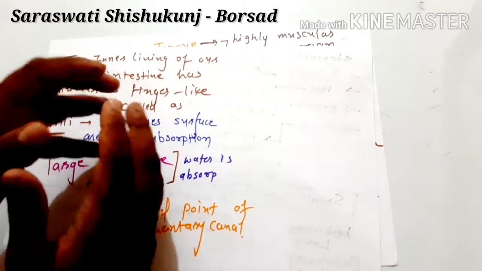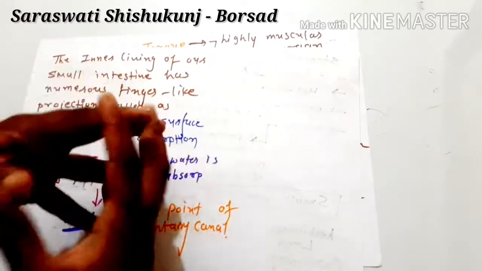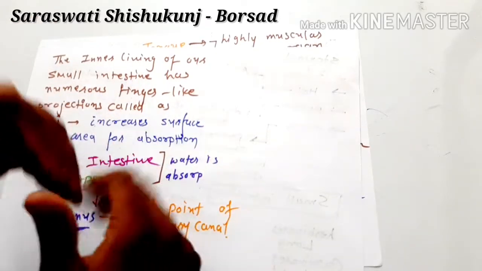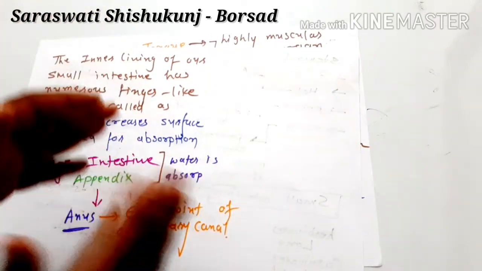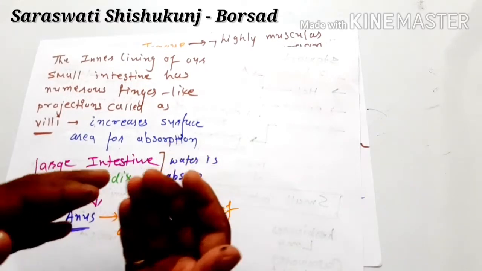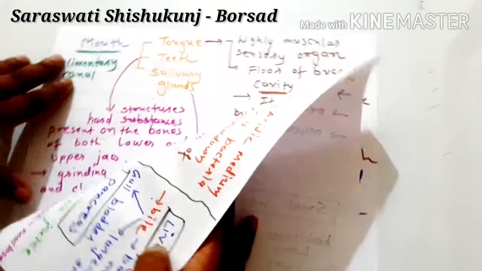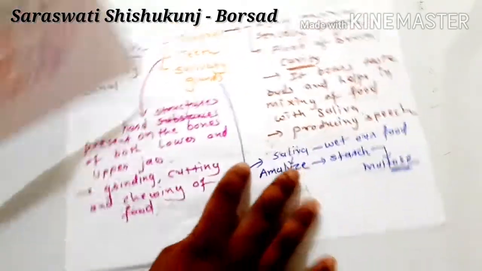In this large intestine, if more water is present in the food, it is reabsorbed, and now the anhydrous waste is sent to the anus, which is the end point of our alimentary canal, and by that anus the food is thrown out from our body.